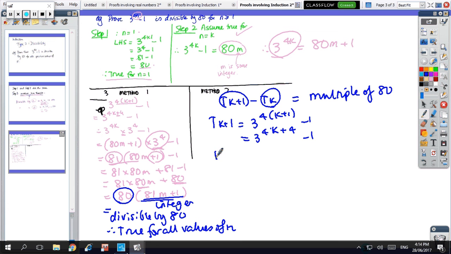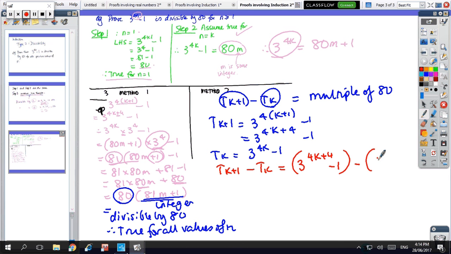Now, tk we've already got from previous, so that was just going to be 3 to the 4k minus 1. Now, t(k+1) minus tk equals 3 to the power of 4k plus 4 minus 1 minus 3 to the 4k minus 1. Okay, so you've got minus 1 minus minus 1, so the ones have gone away.